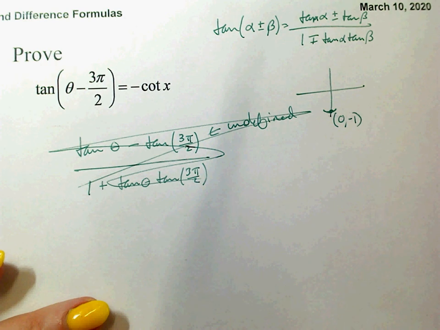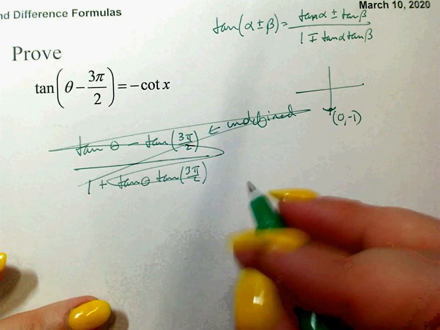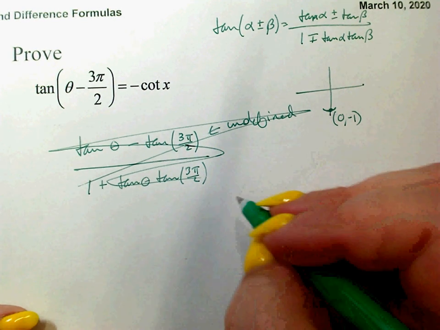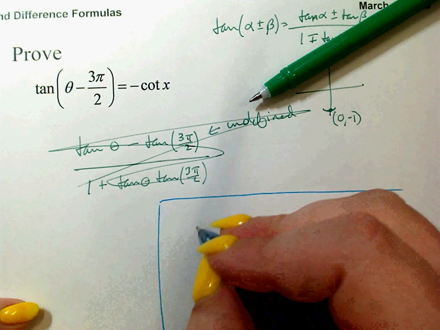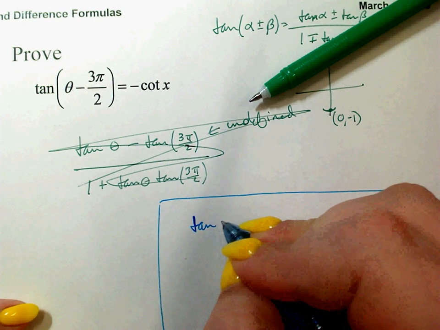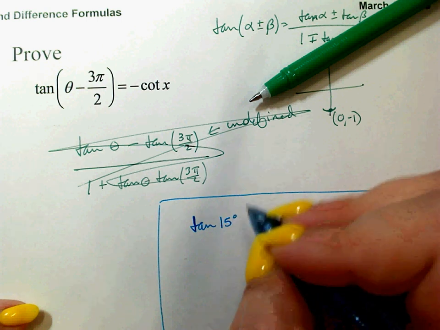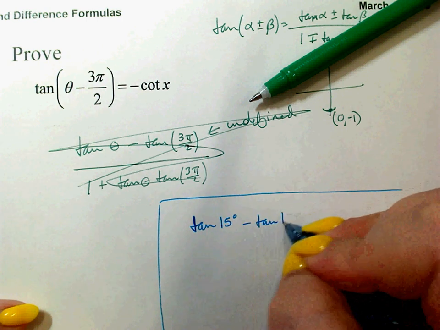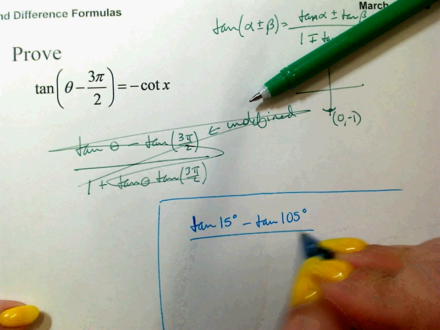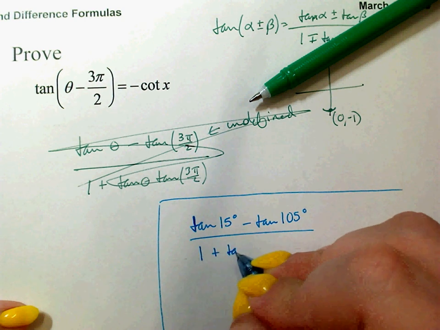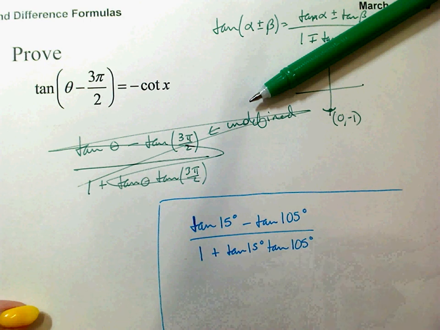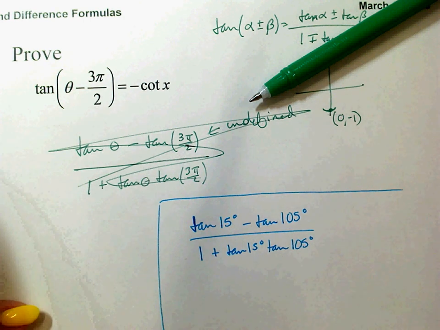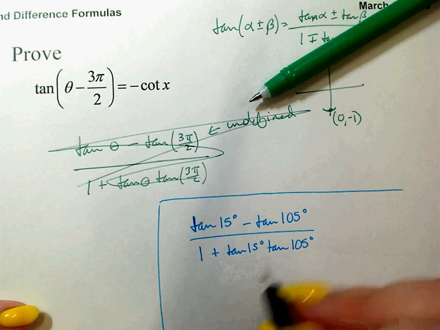What I do want to do is give a new problem. If I asked you to tell me what this equals, tangent of 15 degrees minus tangent of 105 degrees divided by 1 plus tangent of 15 degrees tangent of 105 degrees, to rewrite that as a single expression, what we would do is say, well, we know it's a tangent. We know the two angles are 15 and 105.